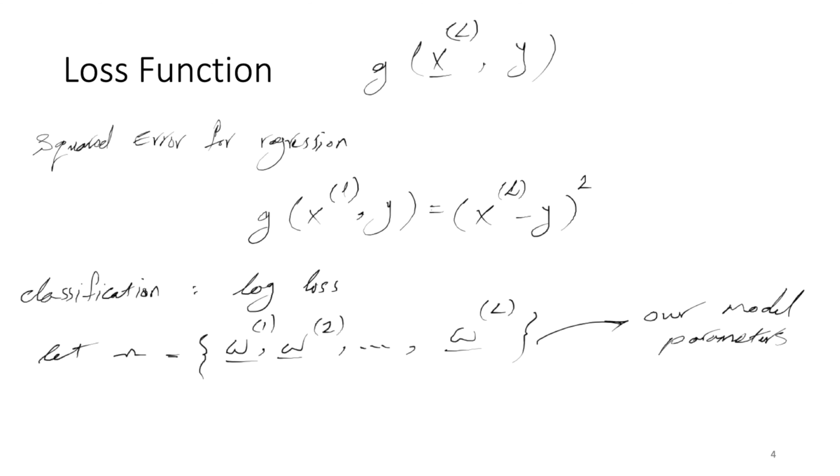So it's going to be the squared error loss function. And for the classification case, as before, let's have omega as your model parameters, so all the weights, W1 up to WL.